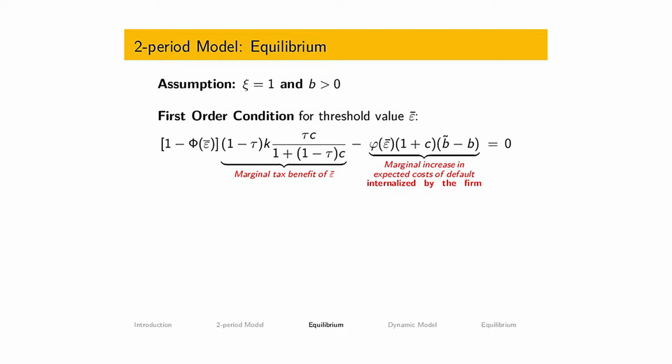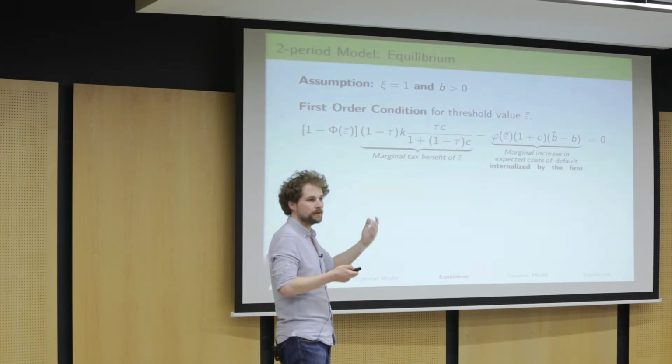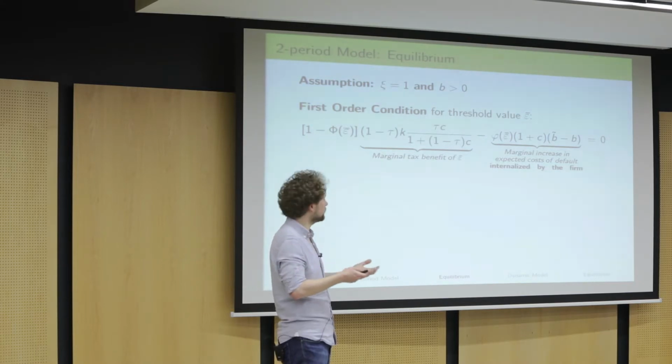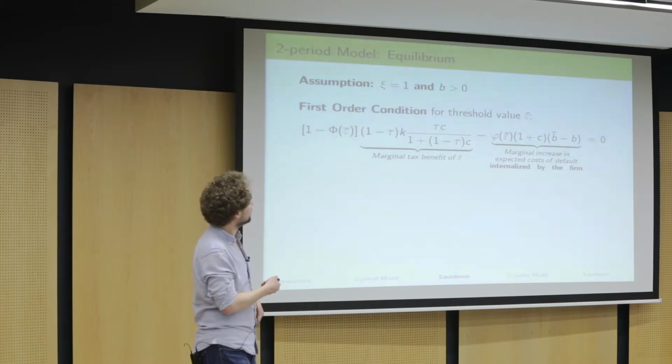But the cost of raising leverage, of raising the default rate, is that you only internalize that you lower the value of newly issued debt, but you don't internalize the fact that you also lower the value of existing debt issued in the past. So the firm doesn't care if existing debt loses value. The only people who care are the people who already bought these bonds in the past, but you don't interact with them anymore on the bond market now. So this means you weight the expected cost of default less.